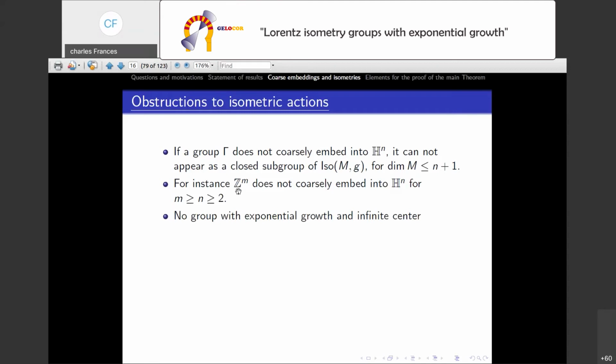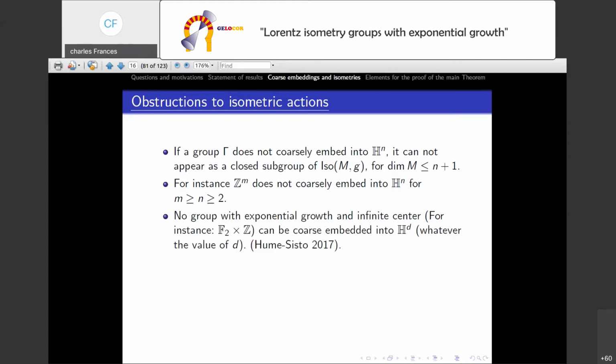Another result states that no group with exponential growth and infinite center, for instance, the group F2 × Z that we already met, can be coarsely embedded into H^D, whatever the value of D. That's a more involved result by Hume and Sisto, a quite recent one.